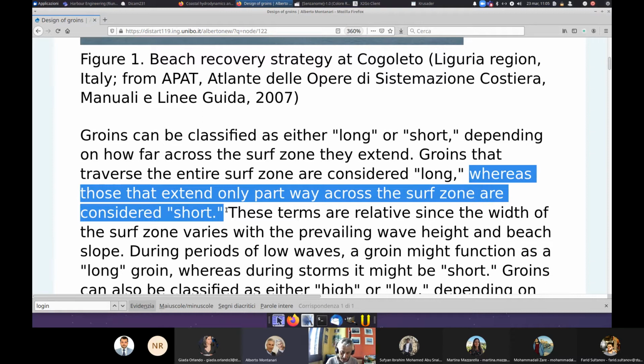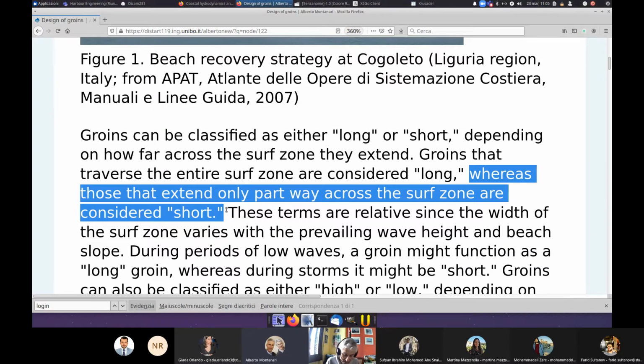So remember, the surf zone is included between the typical breaker line of waves and the beginning of the swash zone. Swash zone, dry, wet, dry, wet. And it is called surf zone for obvious reasons, because it is where surfers have most of the fun.